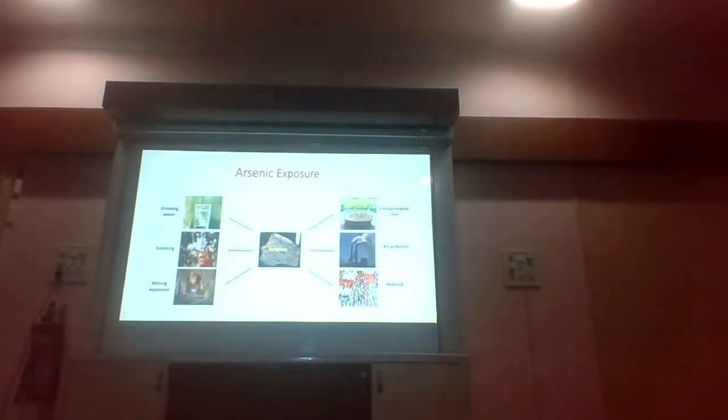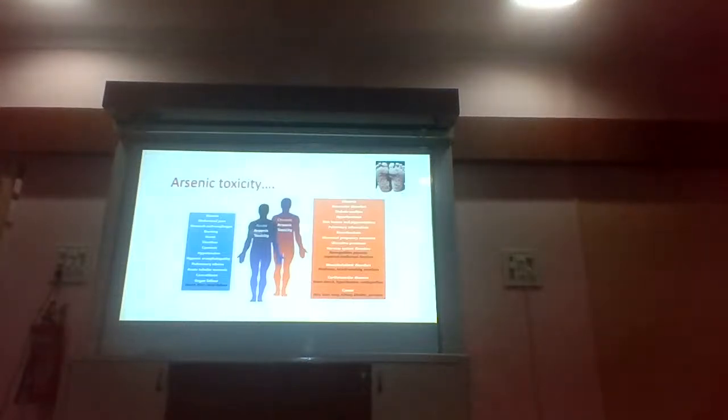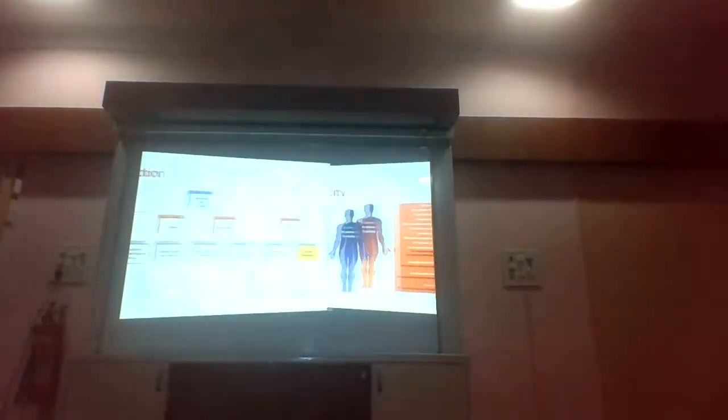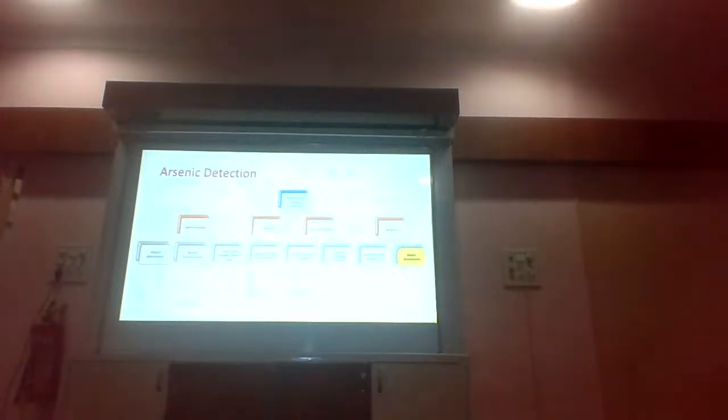Arsenic exposure can occur through contaminated rice, drinking water, and so on. Arsenic toxicity causes skin lesions, cancer, and nervous system disorders.